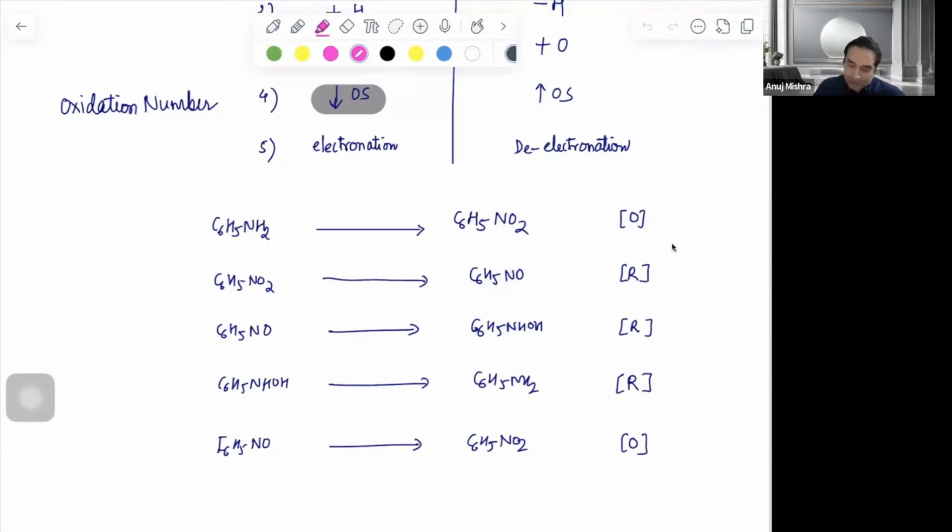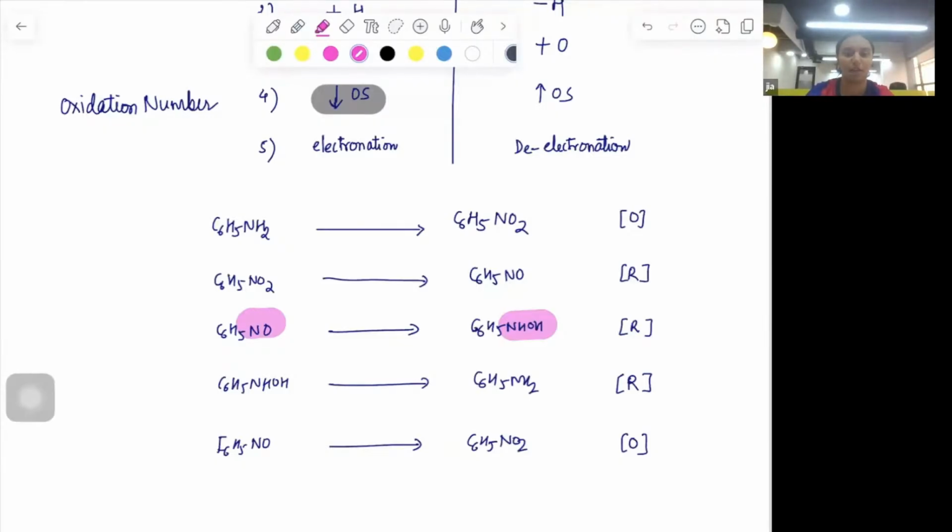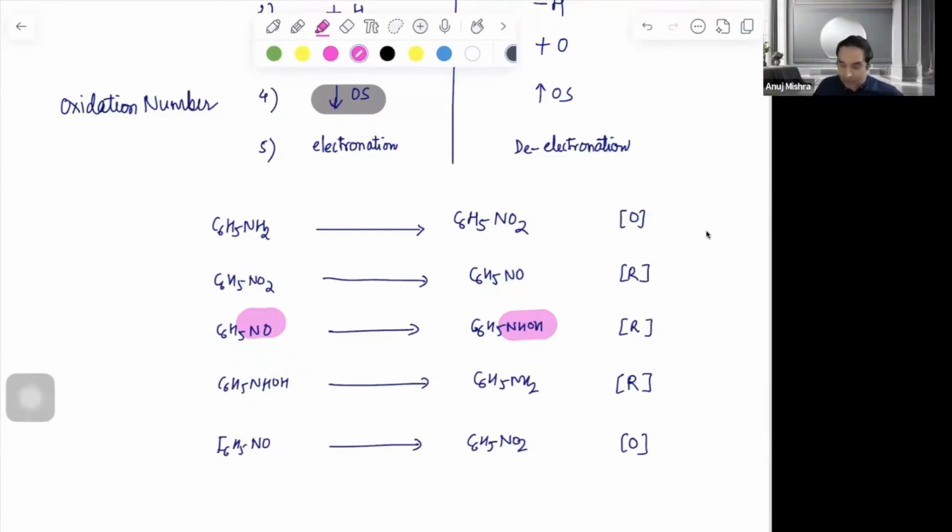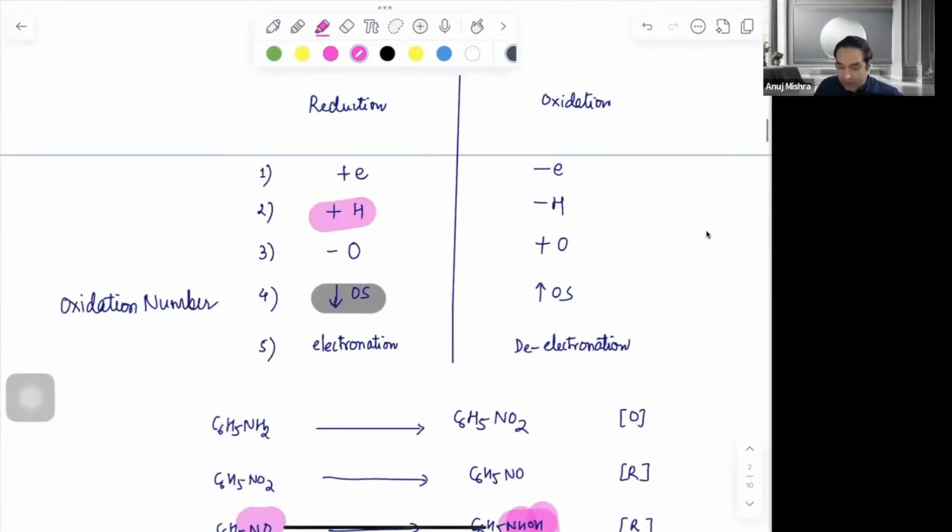Third example, NO is becoming NHOH. Gia, what should it be, reduction or oxidation? Please answer. I'm asking you whether you understand these things, we haven't started this topic. So NO is becoming NHOH, you are putting hydrogen, and addition of hydrogen is reduction.